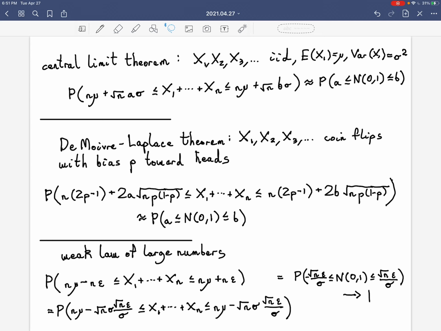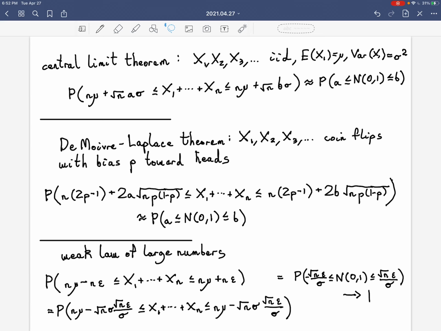And you can just specify the common variance by specifying the variance of x1, and you can specify the common mean by specifying the mean of x1. And then the central limit theorem is telling us that we have this approximation for the probability that the long-term sum is within a certain interval around the mean by the probability that the standard normal is within the same interval.